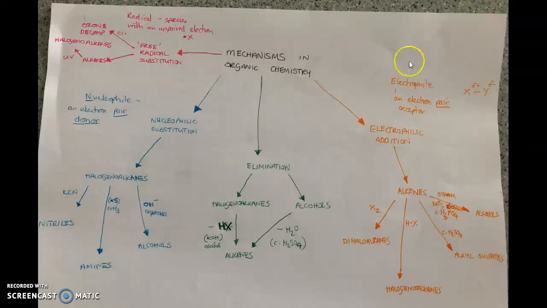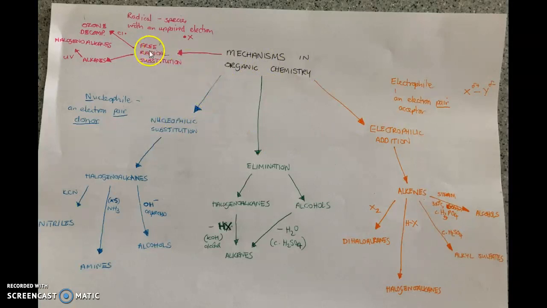Okay, now I've color coded it. So we've got in the orange electrophilic addition mechanisms, in the green elimination mechanisms, in the blue nucleophilic substitution mechanisms, and in the pink free radical substitution mechanisms. Okay, so there are four different types of mechanisms that we need to know.